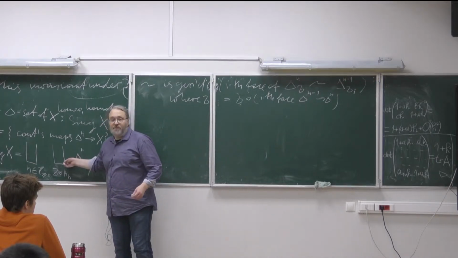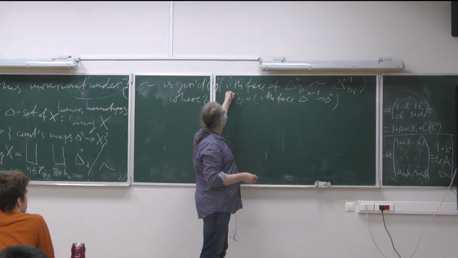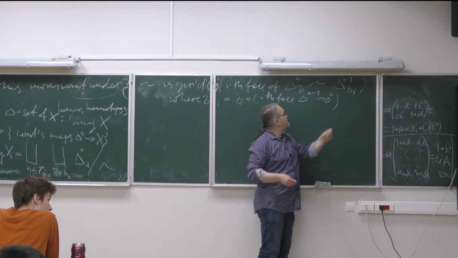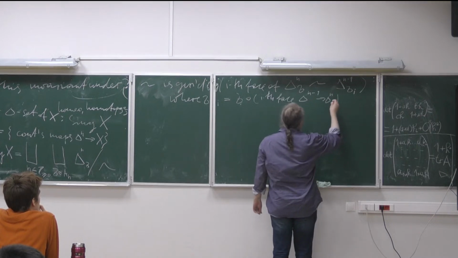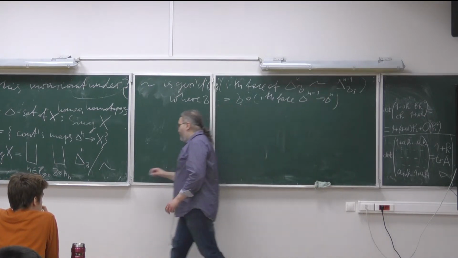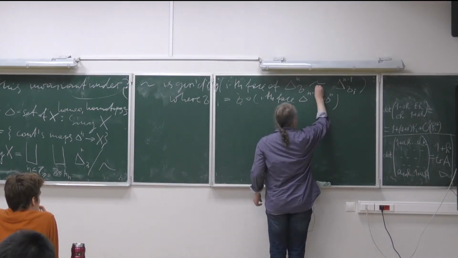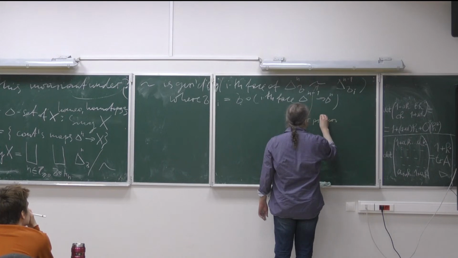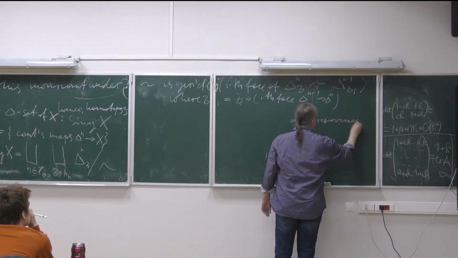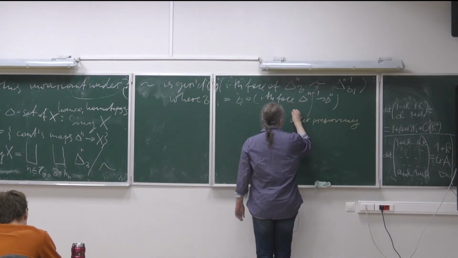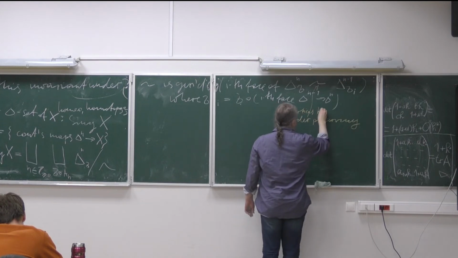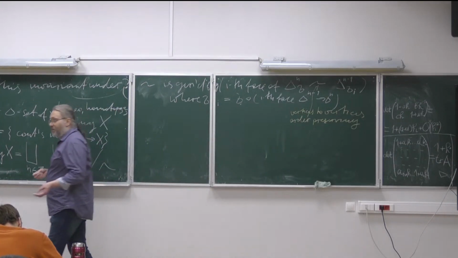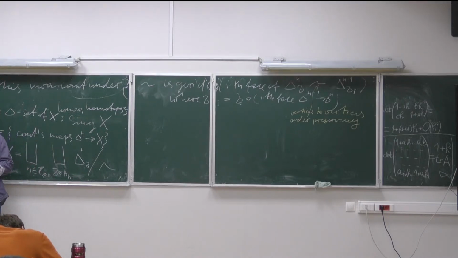They are both simplices here, and we identify the ith face of this simplex with this simplex, in such a way that vertices go to vertices, and moreover, the order of the vertices is preserved.